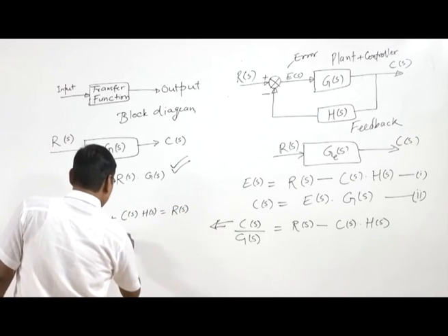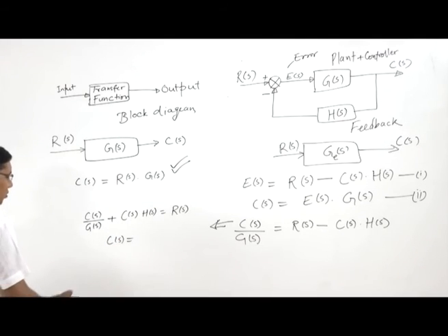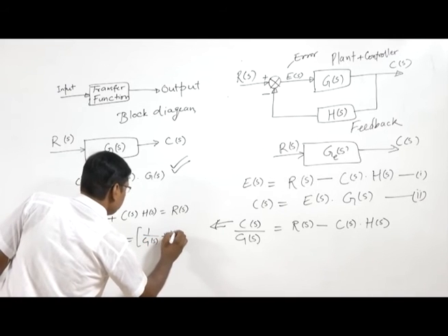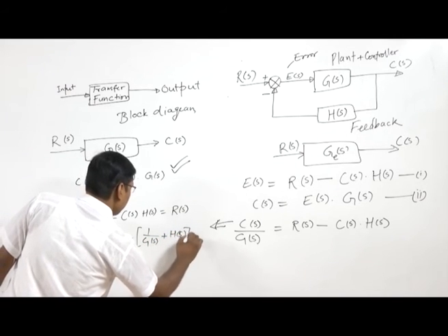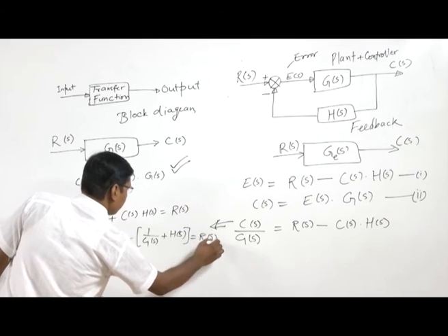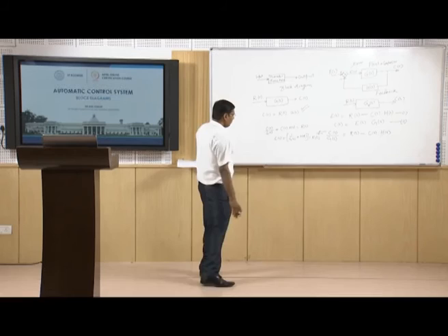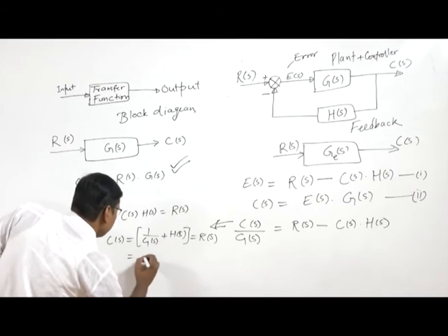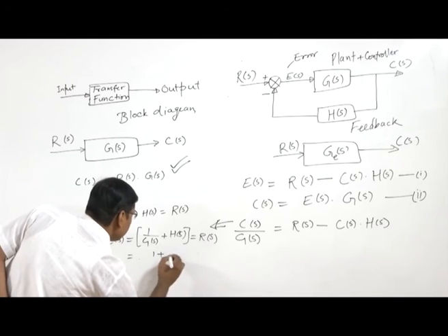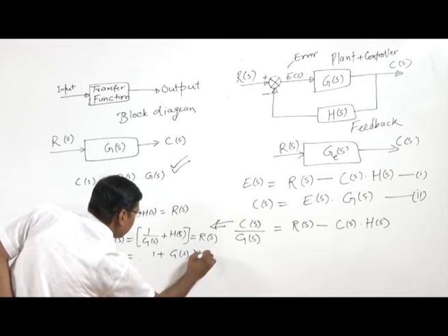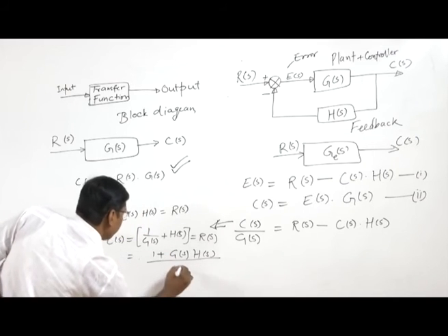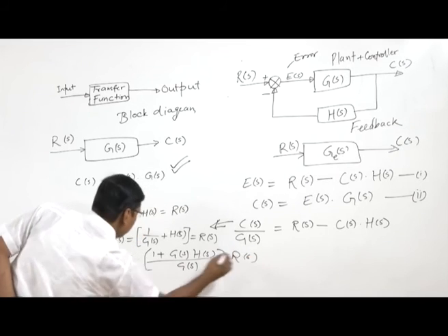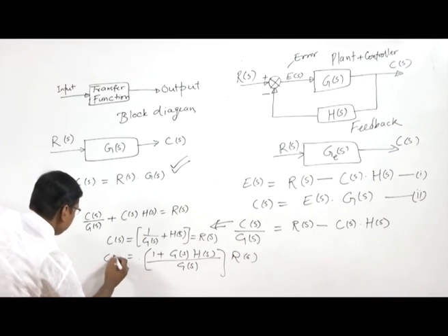We can take out C(s) here. So C(s) into 1 by G(s) plus H(s) equals R(s). So this is 1 plus G(s)H(s) by G(s), times C(s), equals R(s).